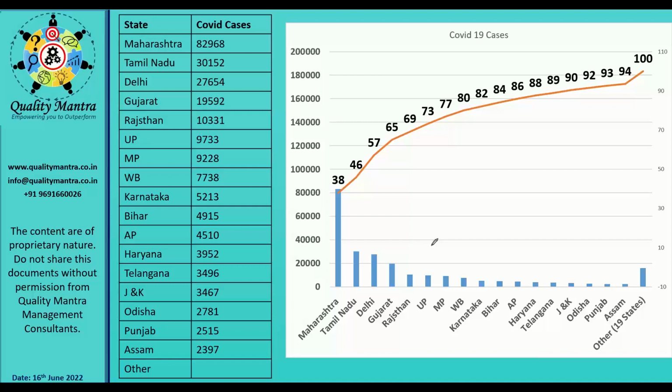If you do the Pareto analysis, you will find out that these 5 states, or if you include 6, 7 states, right from MP, UP, Gujarat, Rajasthan, Delhi, Tamil Nadu, they are contributing to almost 77%.